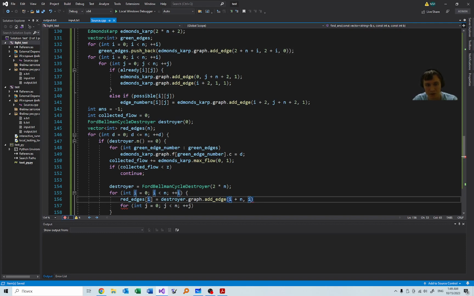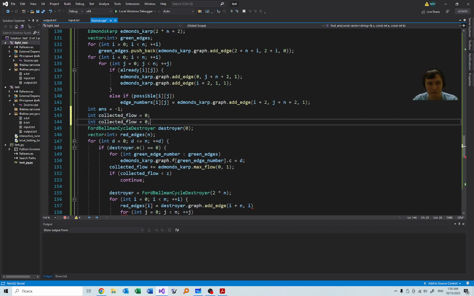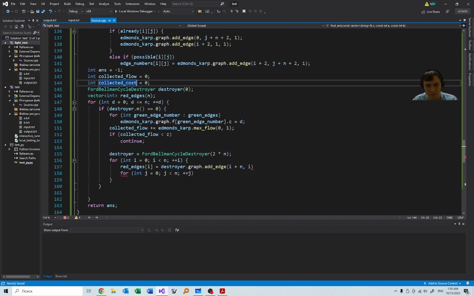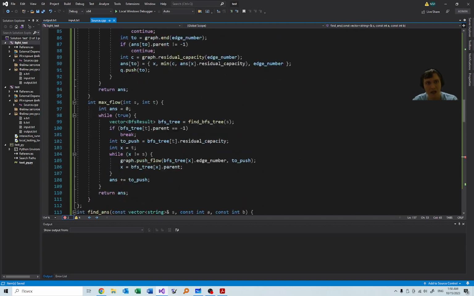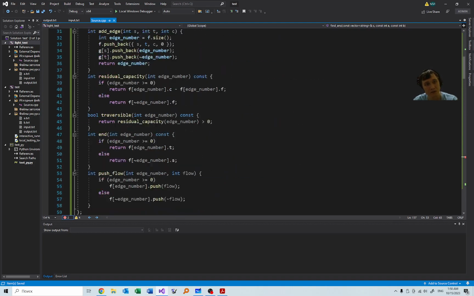Yeah, also now edge also has a cost, doesn't it?